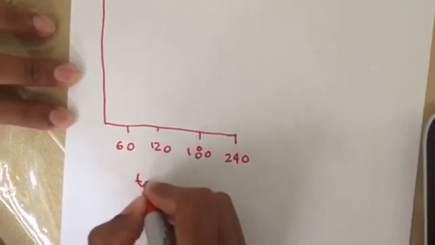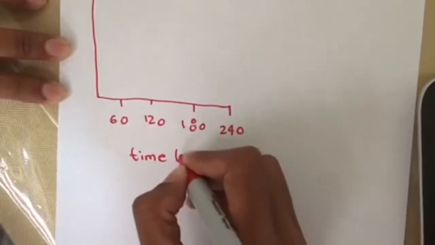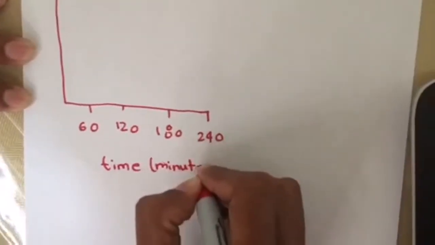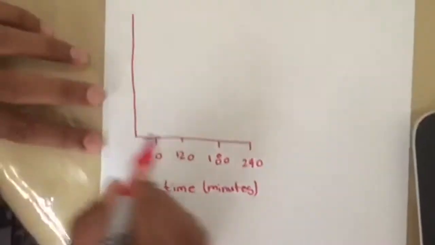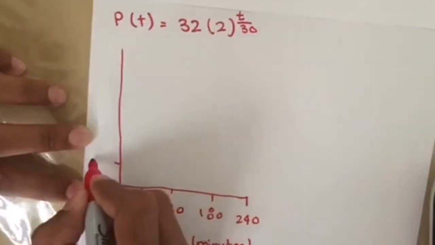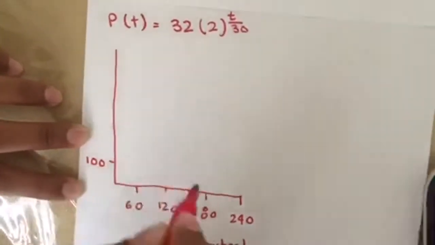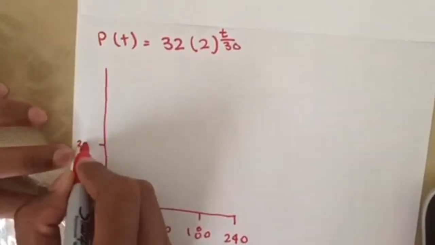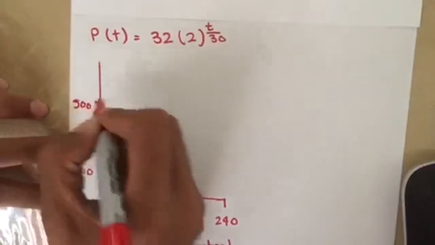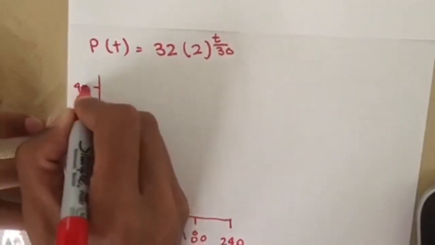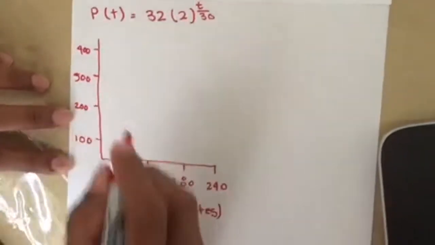And this is our time in minutes. At the side, we're going to do population going up by 100: 100, then 200, then 300, and then 400, which is our population.